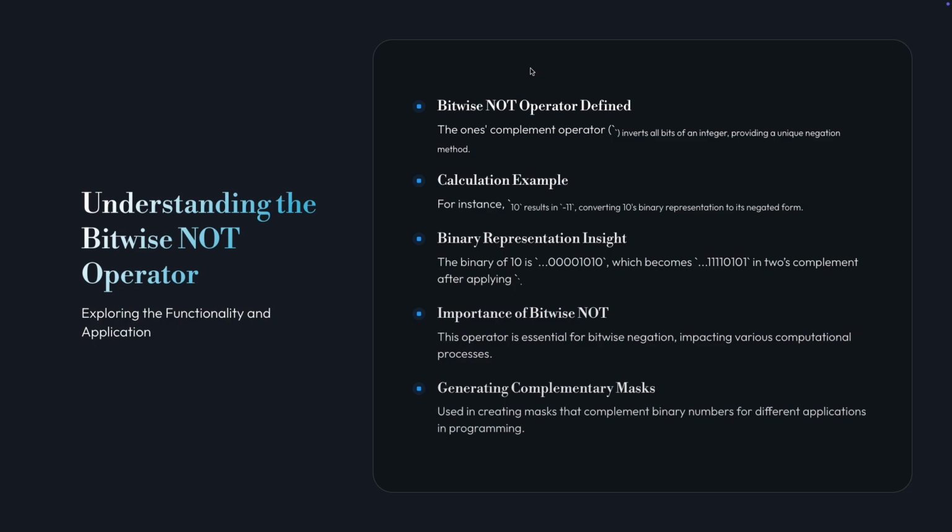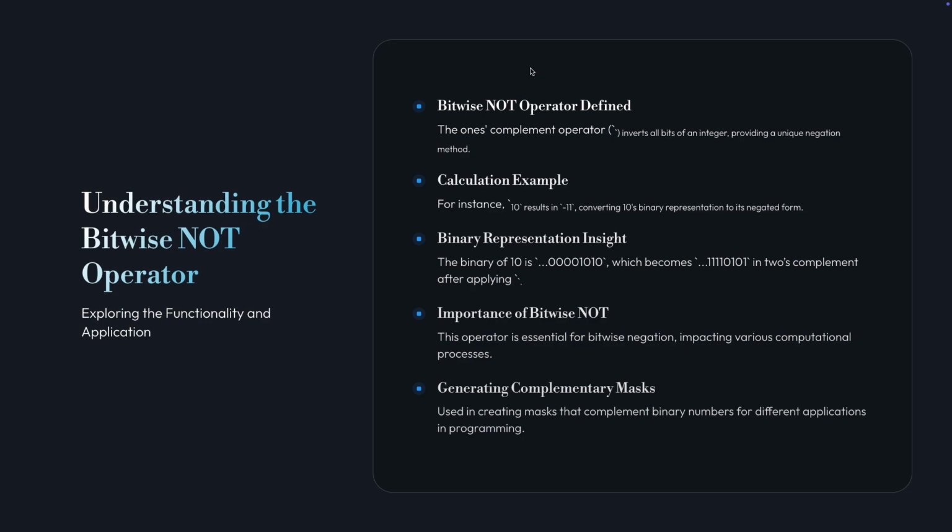This involves how computers typically represent negative numbers, using something called 2's complement. Okay. So 10 in binary, let's say using 8 bits for simplicity, is 00001010. Right. Applying not flips every bit, so you get 11110101. Okay, I see the flip, but why is that -11? In the 2's complement system, that specific pattern, 11110101, represents the value -11.